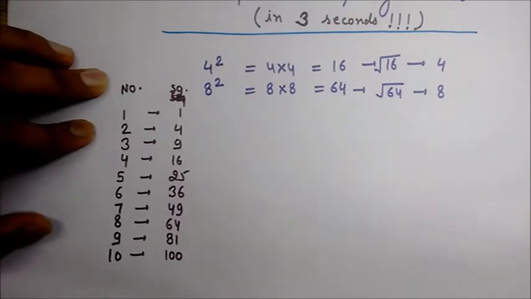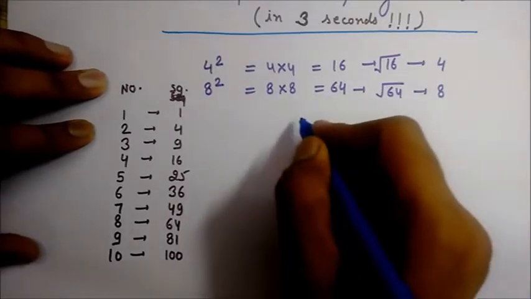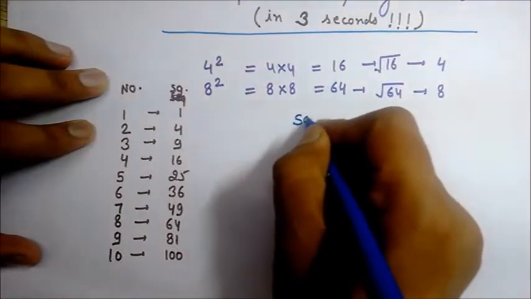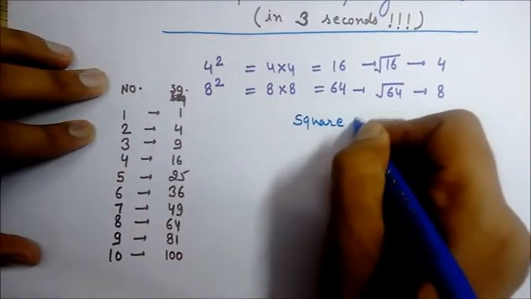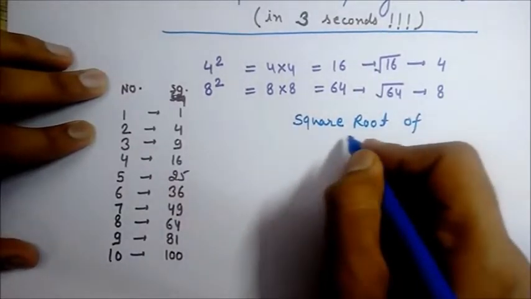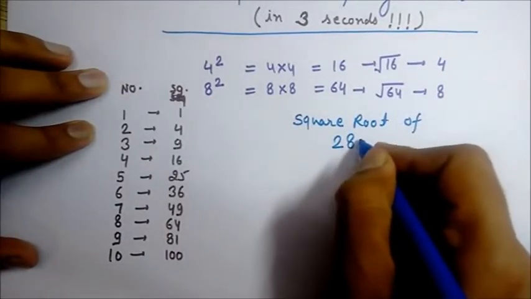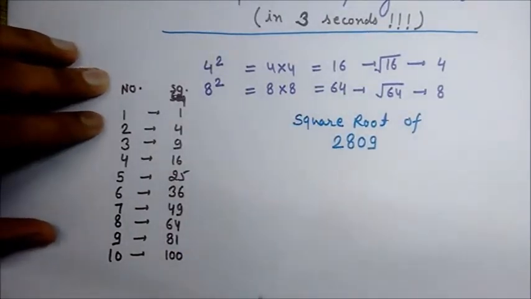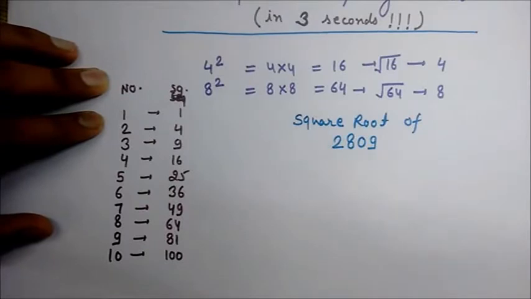Let's find the square root of a number, 2809. Okay, we are going to find the square root of 2809.